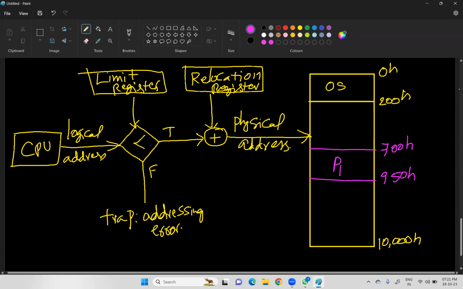So totally 250 kilobytes are required. Therefore the limit register value will be 250 kilobytes, and the relocation register value will be equal to 700H. And here, let me write the logical address space.